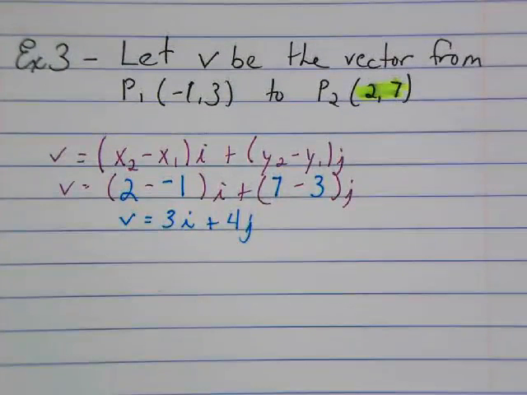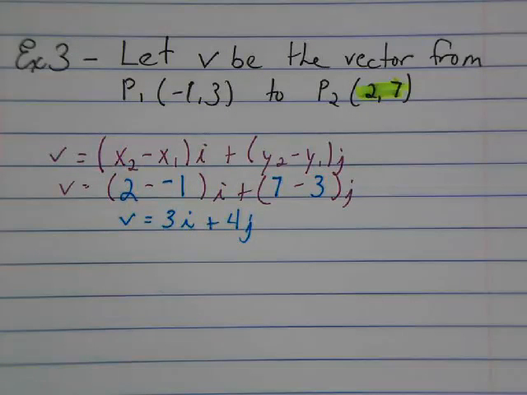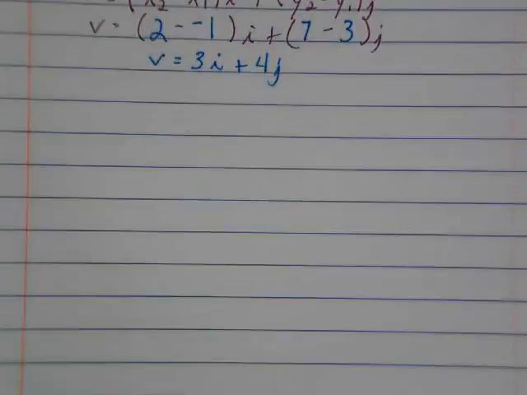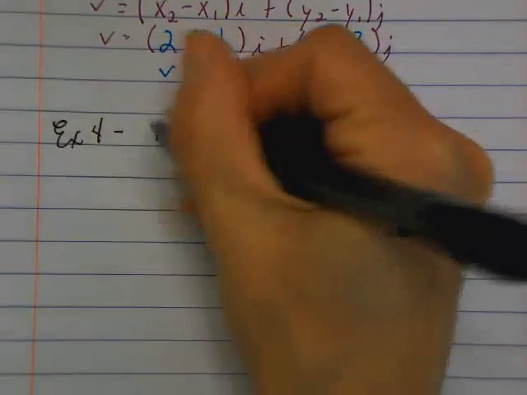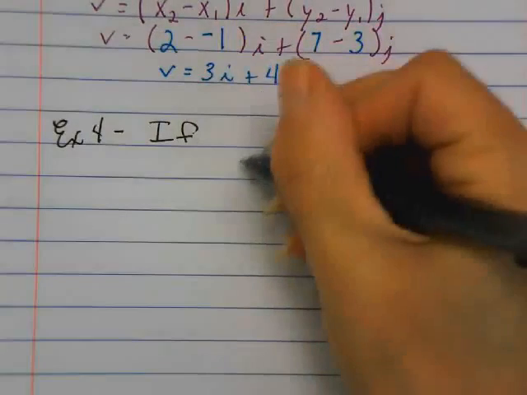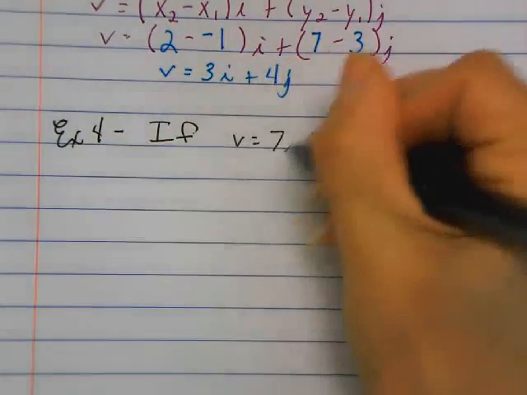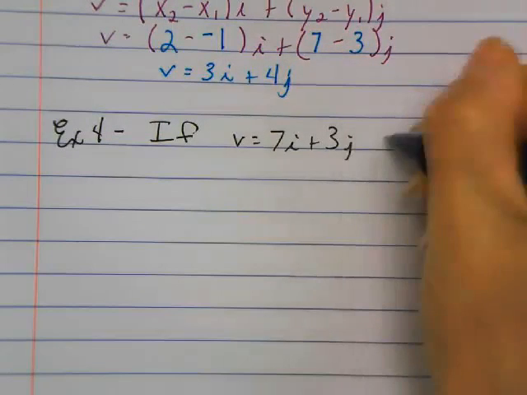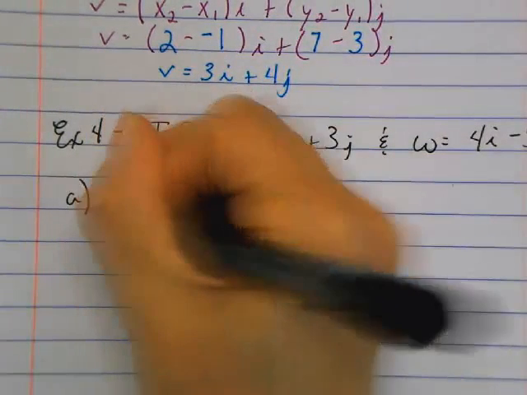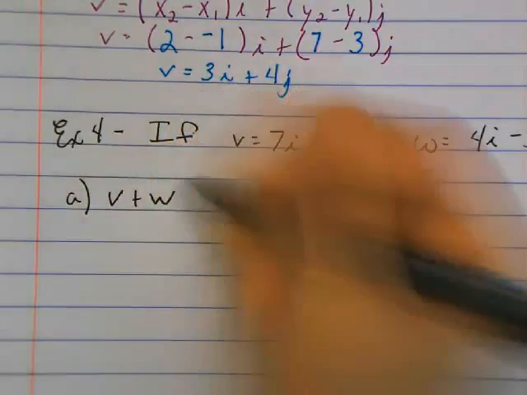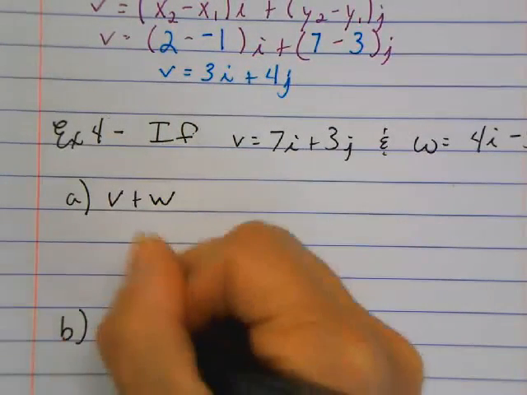Now, we can do lots of things with vectors. We can add vectors, we can subtract vectors, we can multiply vectors. If v is equal to 7i plus 3j, and w is equal to 4i minus 5j, the first thing I want you to do is find v plus w. Then I'm going to ask you to find v minus w.